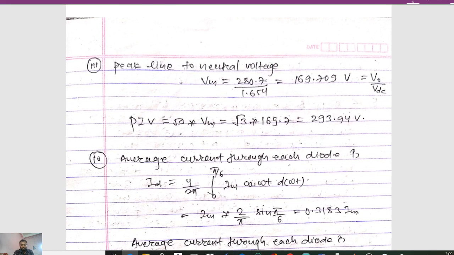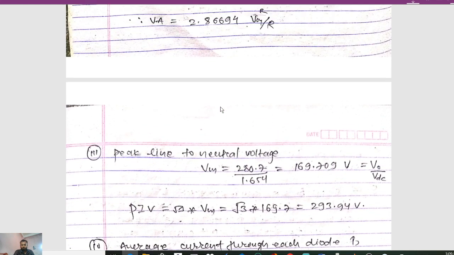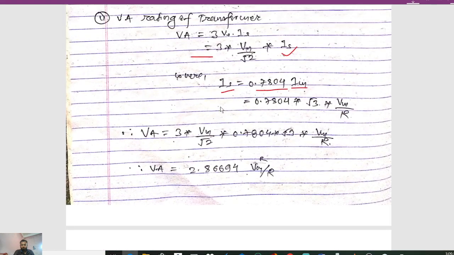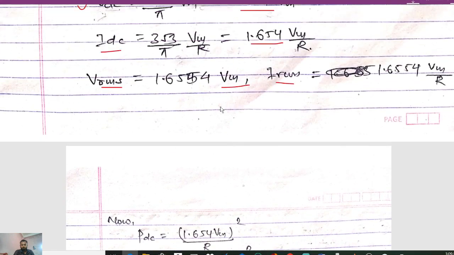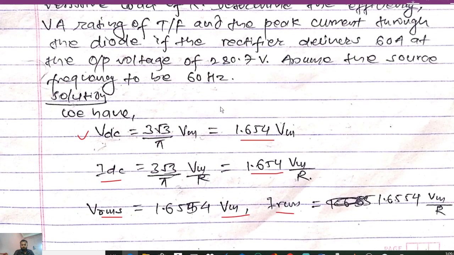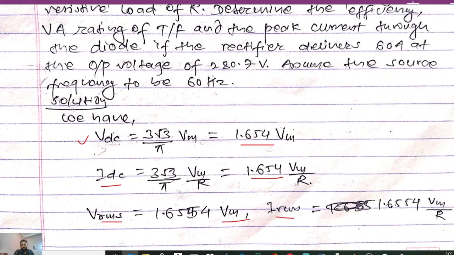Now the peak line to neutral voltage, Vm, and here the output voltage is given as 280.7 volt.